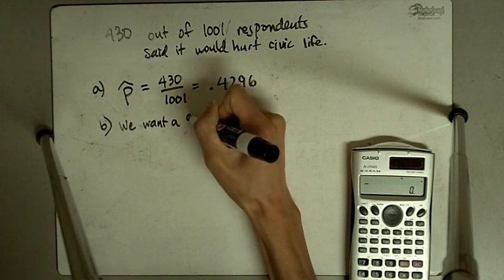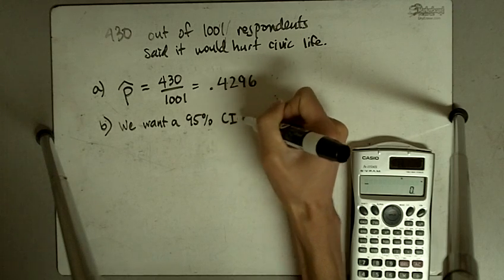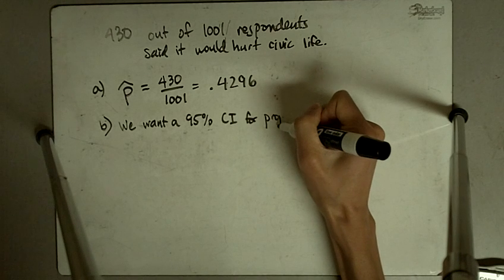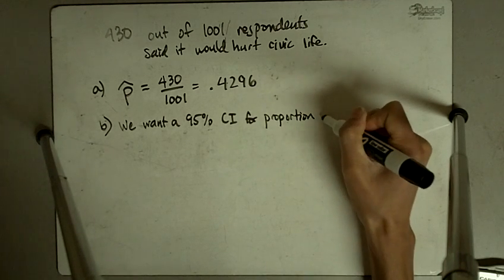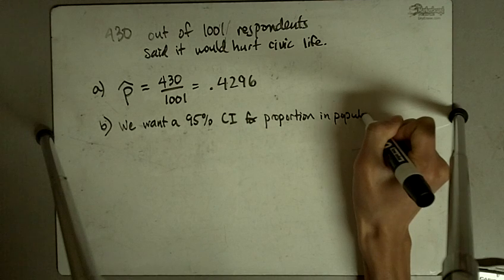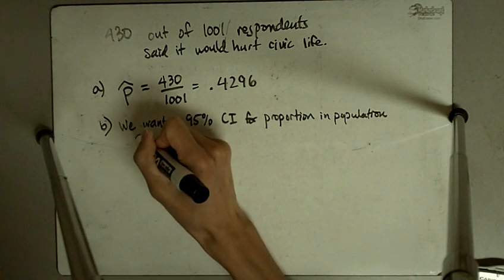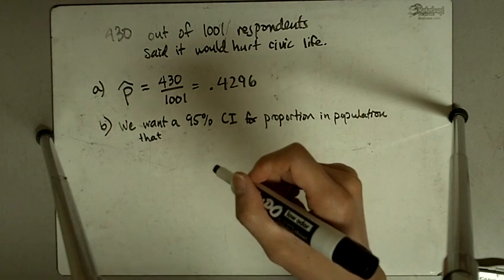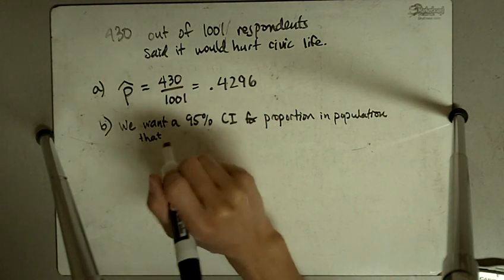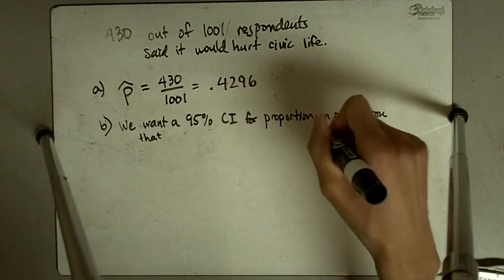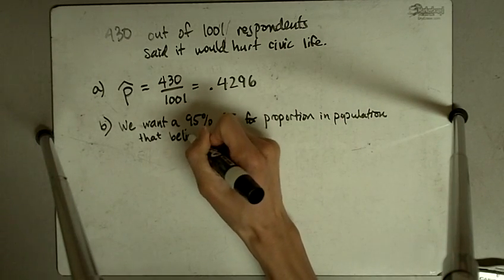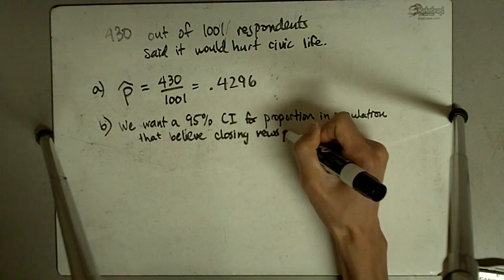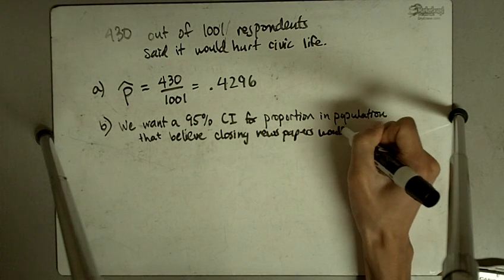We want a 95% confidence interval for the population proportion p, the proportion in the population that would say closing the newspapers would hurt civic life.